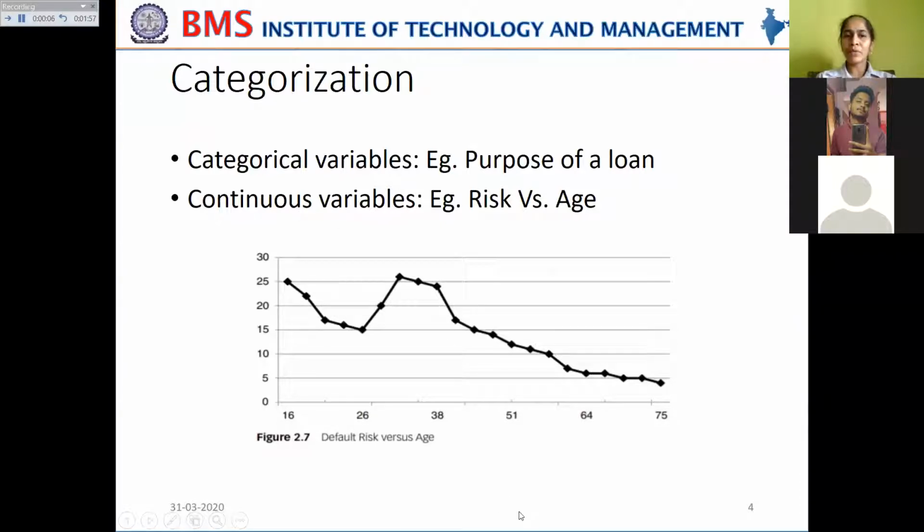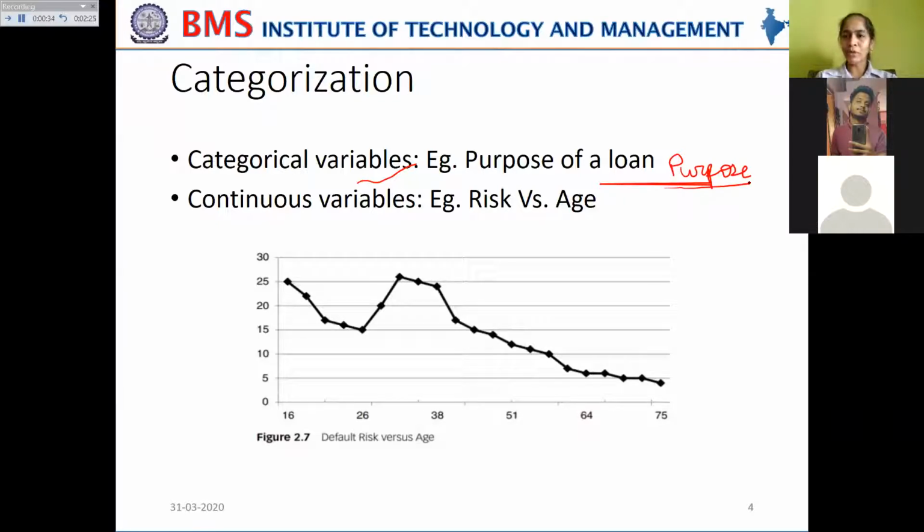We'll see with respect to categorical variables first. Now when you take a data set of customers, historical data of customers who have taken a loan and their outcome as to whether they are defaulters or good payers of the loan, let us assume we have a parameter called purpose of the loan.